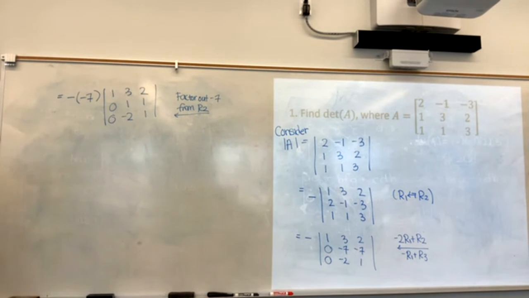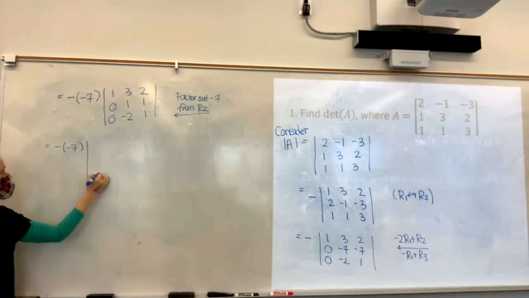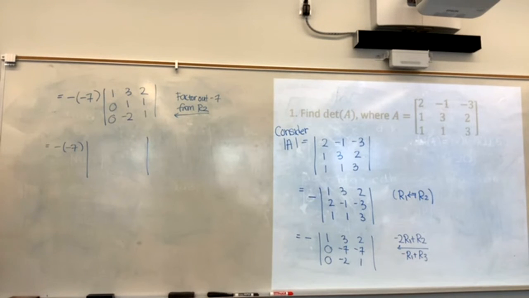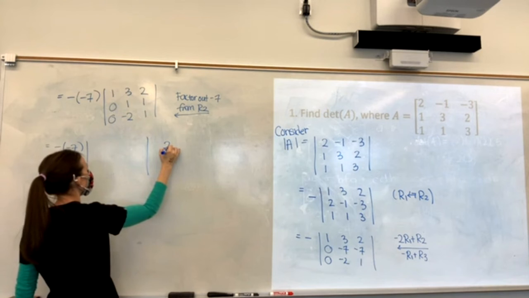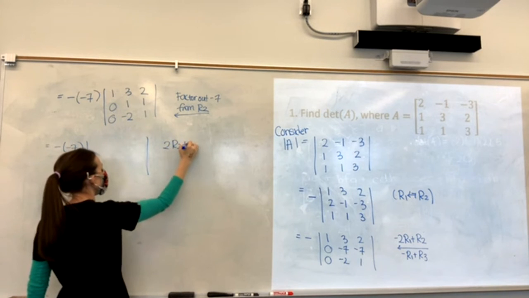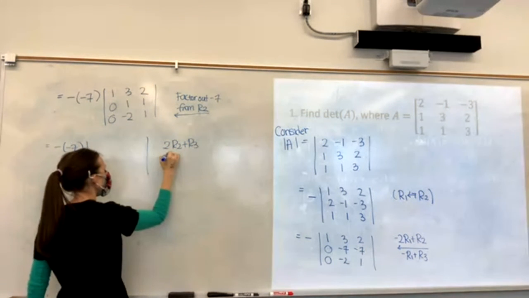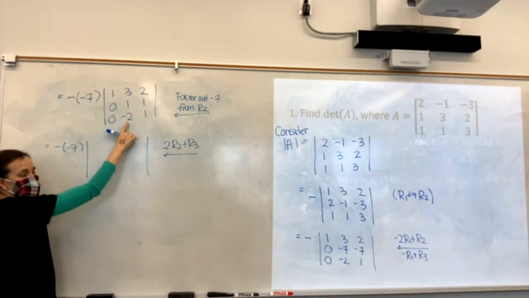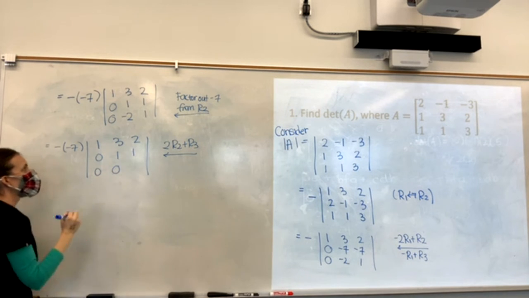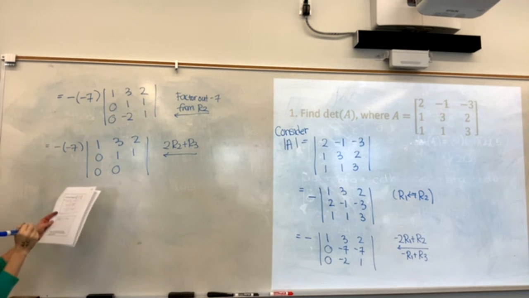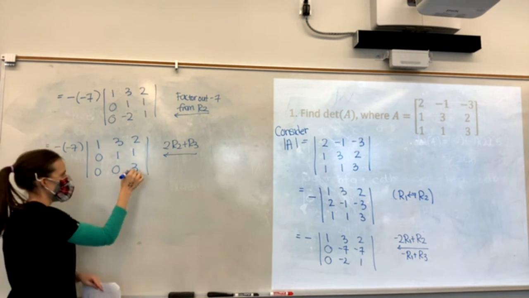There it is. And then with those guys tagging along, I can do 2 times row 2 plus row 3 to clear out that -2 underneath. Right? So 1, 3, 2, 0, 1, 1, and I get a 0, 0, 3.